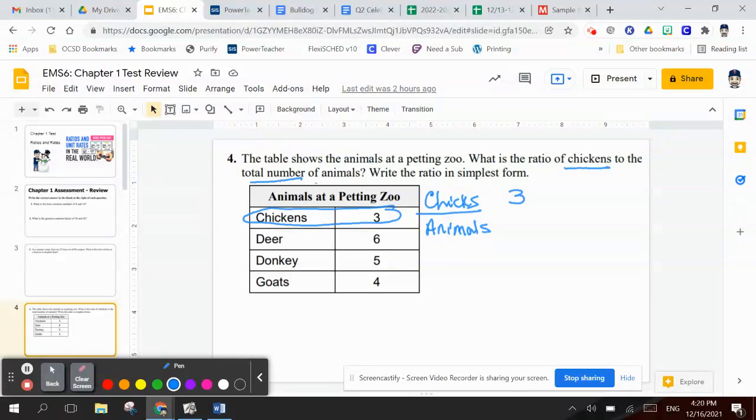But I want to know how many total animals there are. So that means I have to add all of those numbers together. So 6 plus 4 is 10, and 3 plus 5 is 8. So 10 plus 8 is 18 animals.